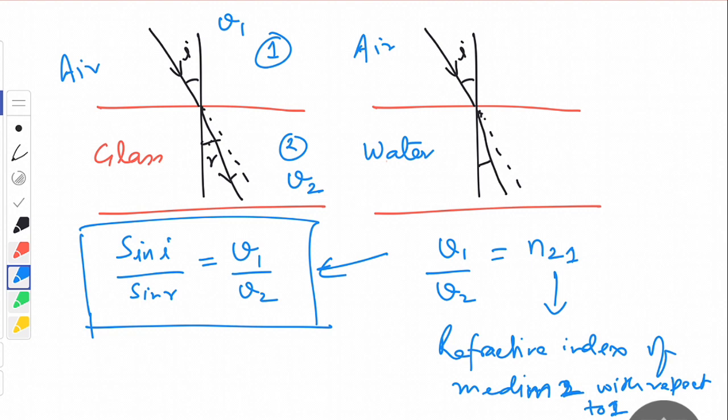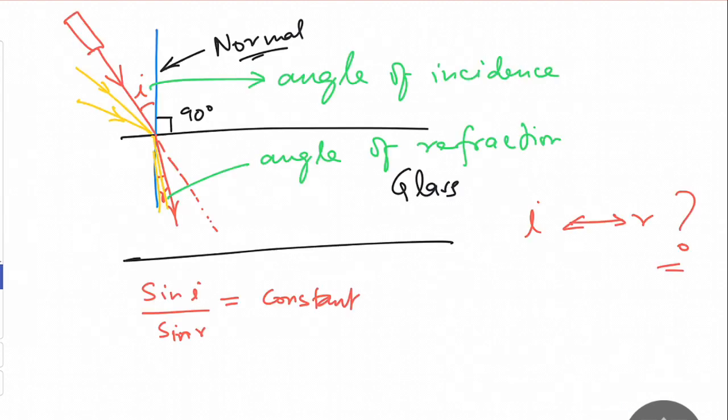I would like you to just take notes, and you should write it in your own words. First, draw two parallel lines, the normal, and then sin I upon sin r. The first observation is sin I upon sin r is equal to constant.